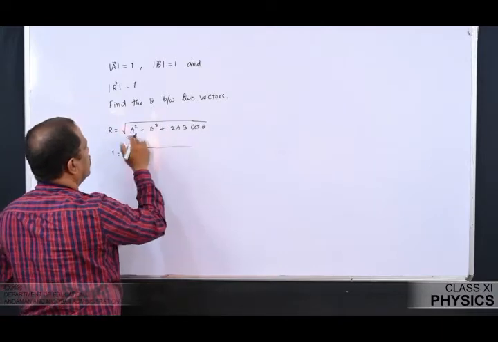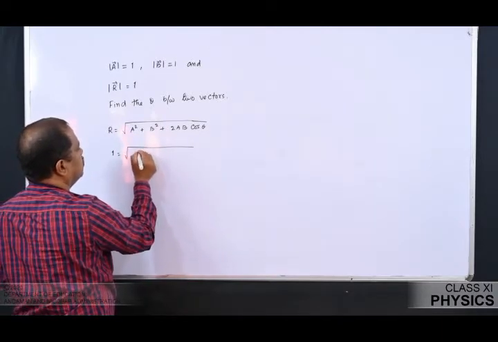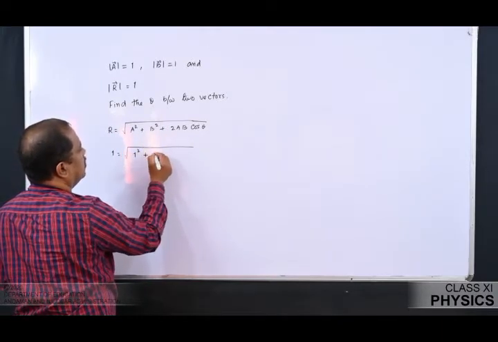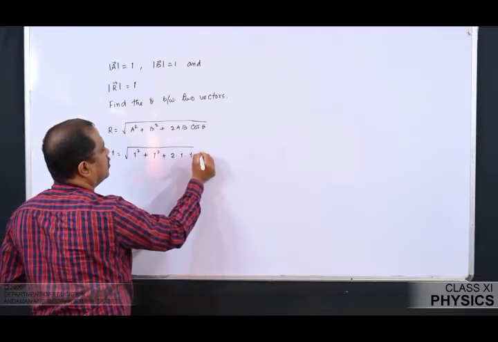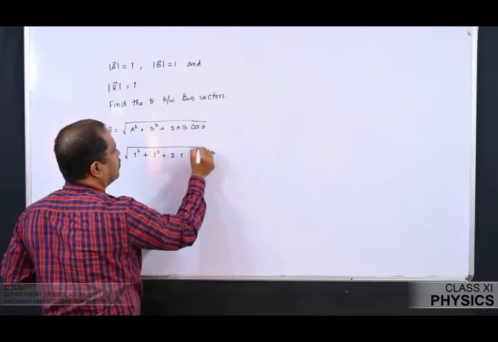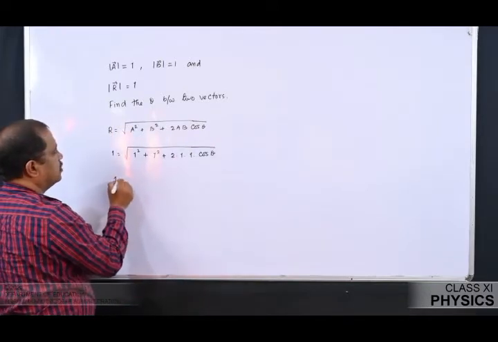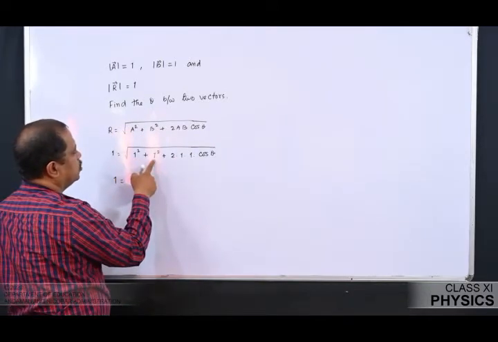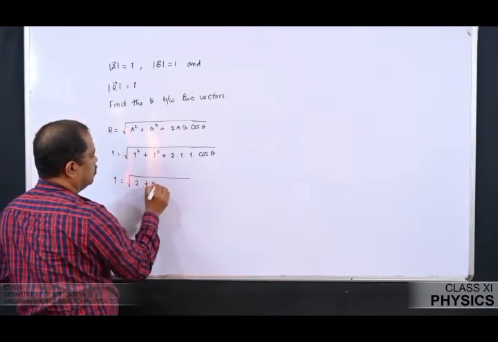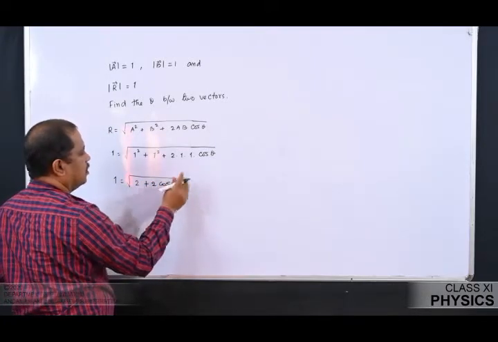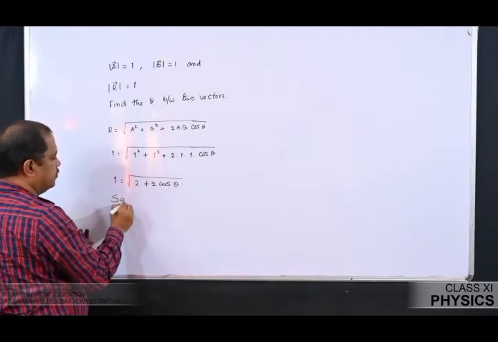Under root of A square happens to be 1 square, which is equal to 1. 1 square plus 2 into 1 times 1 of cos theta. And here this is 1, 1 plus 1 is 2. So 2 plus 2 cos theta. I am going to square both sides.